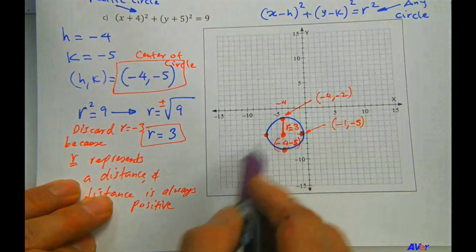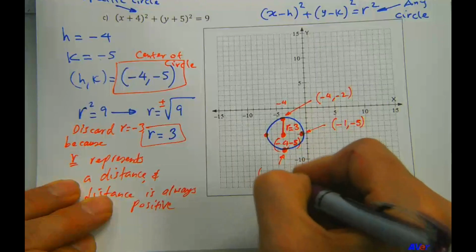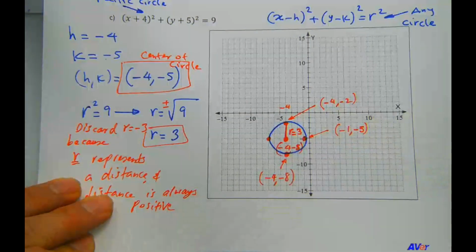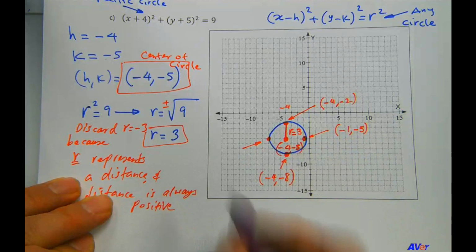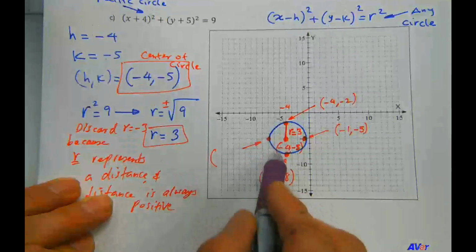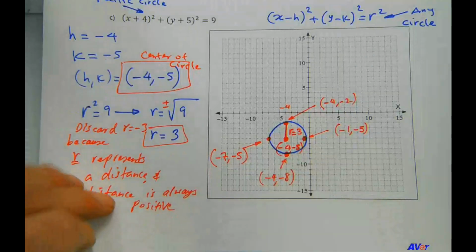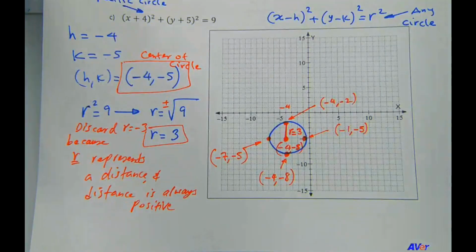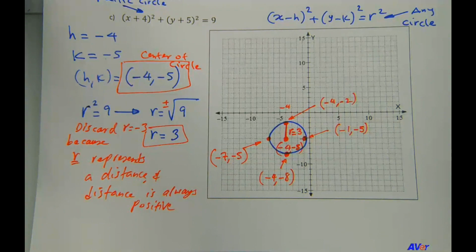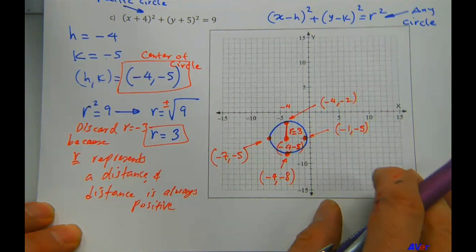And the center is -4, -5, and this point is -4, comma, -8, 3 units below the center. And that point, the x value would be -7, comma, -5. Okay, I just plotted those to make sure that the radius that I'm drawing is equal to 3. But as long as you identify the radius and then draw a rough sketch, you should be okay there too.